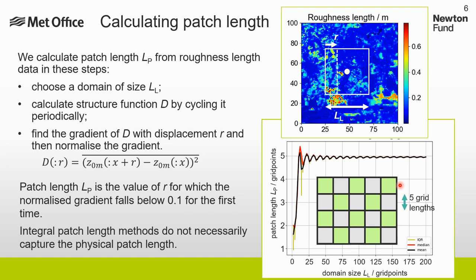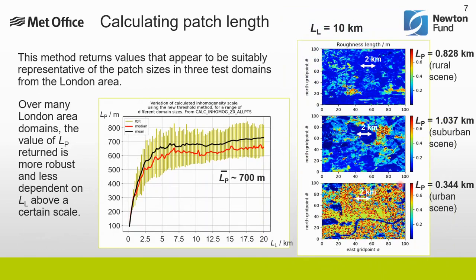Over a range of domain sizes, LL, you can see the method does return a reasonably consistent answer of 5 grid lengths, which is what you'd expect. There are other methods out there that are more integral approaches, which average a bit more over the grid, but they're not so good at returning a single constant value, which is more what we want to determine the patch length.